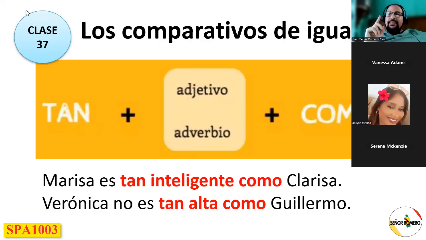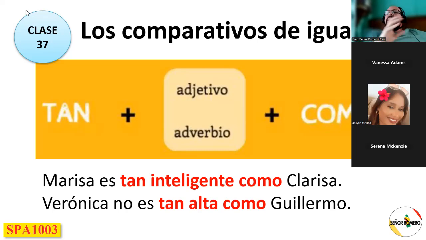If Juan is as tall as Pedro, obviously, I mean, that sounds kind of stupid, but a better example came to my mind. If Juan is as tall as Pedro, Pedro is as tall as Juan.